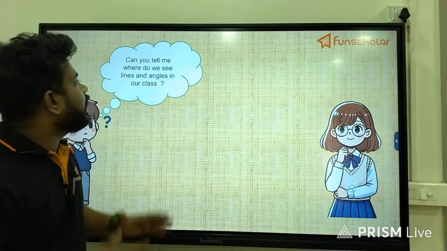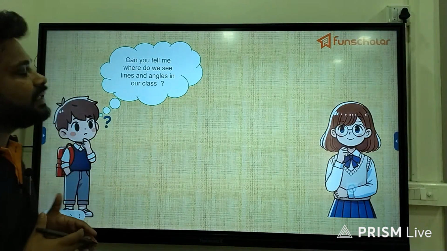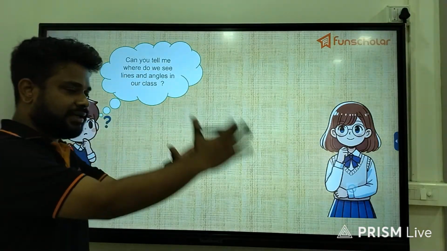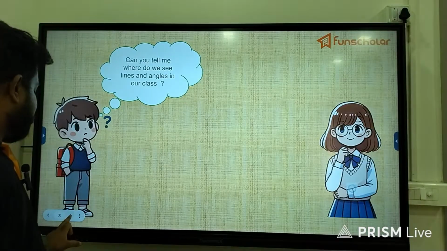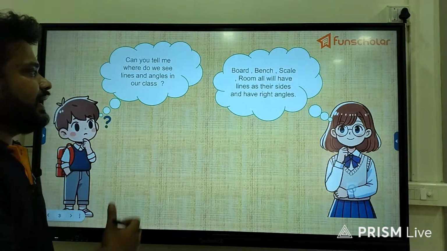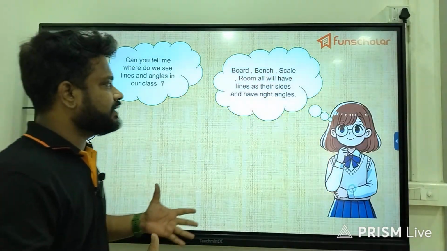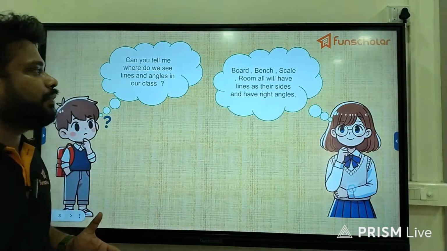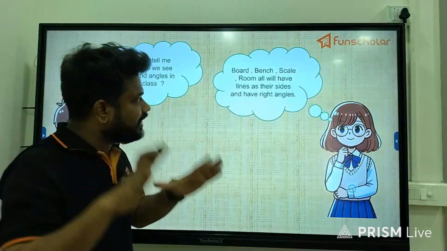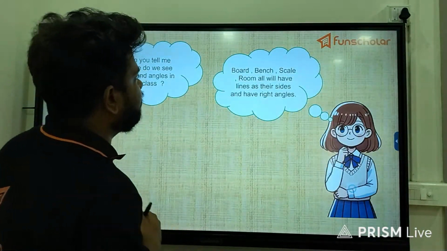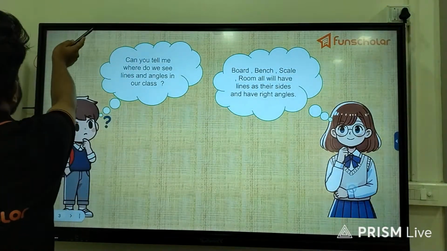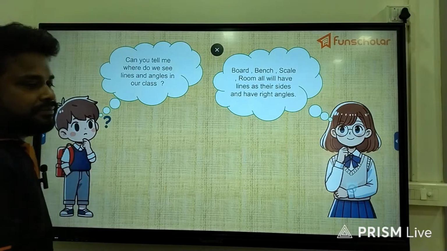So can you tell me where we see lines and angles in our class? One kid is asking another, and the other kid is replying: board, bench, scale, room, all have lines as their sides and have right angles. I generally give the example that this is a line obviously and this is an angle.